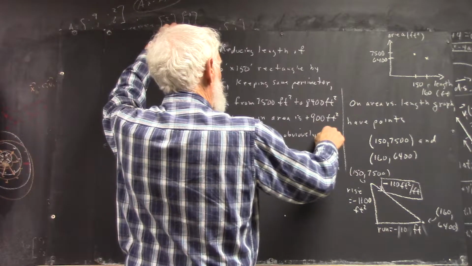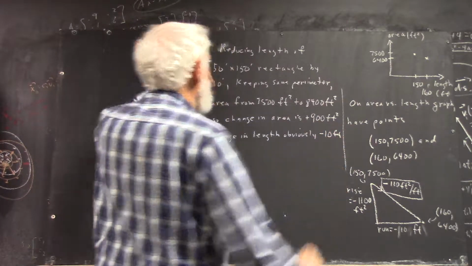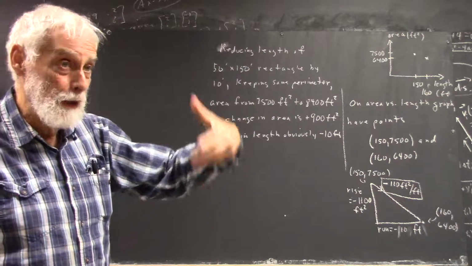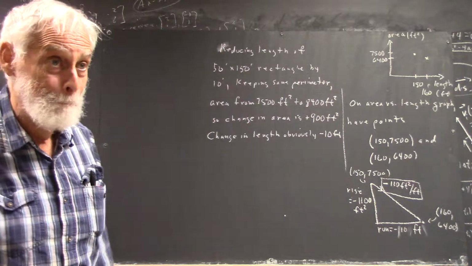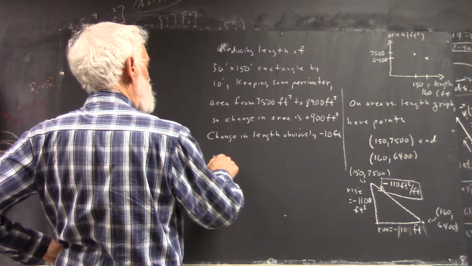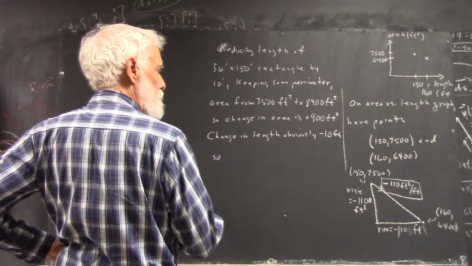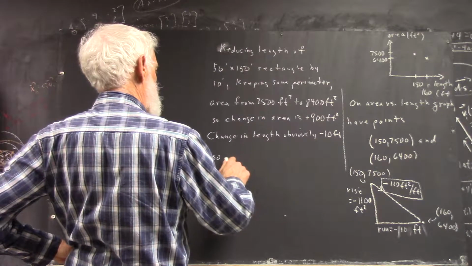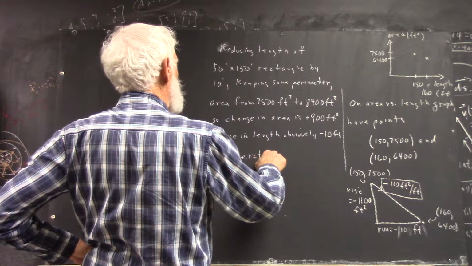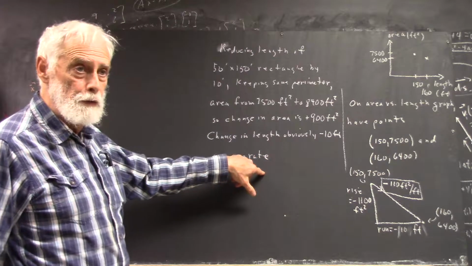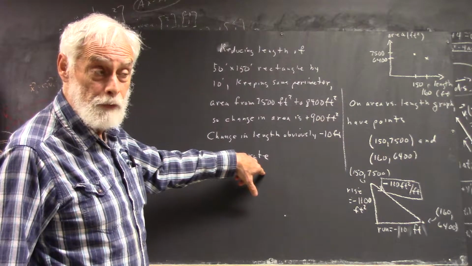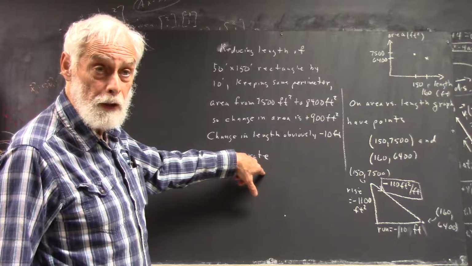Change in length should be obvious, it's negative 10 feet. If we reduce the length by 10 feet, the change in length is negative 10 feet, right? So the average rate, which is an abbreviation for average rate of change of area with respect to length, right? We have to have those words, and you want to get used to writing them and thinking them.